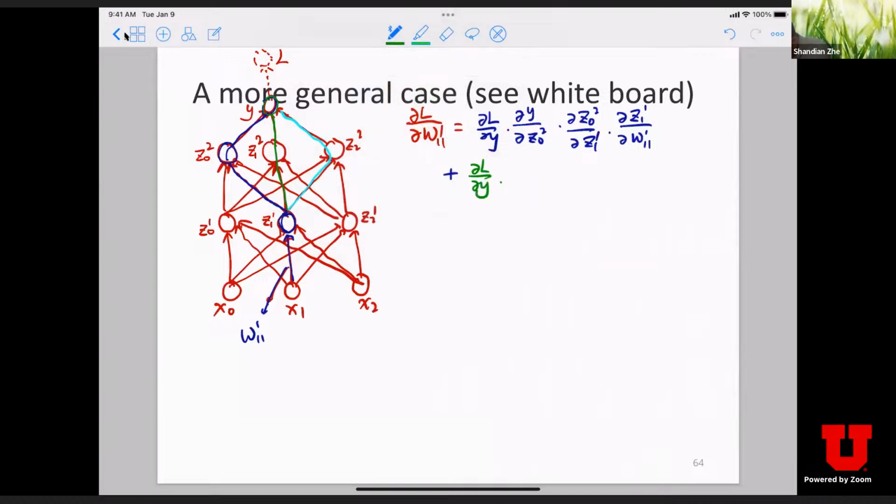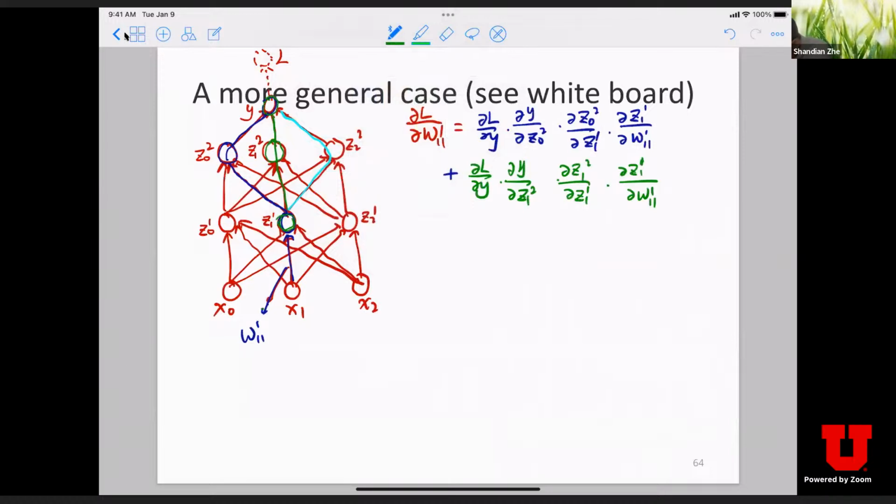Then we go back to z12, which means we compute partial y over partial z12. Then we go back to z11, computing partial z12 over partial z11. Then we multiply by partial z11 over partial w111. This is the beginning node with respect to w111, right?